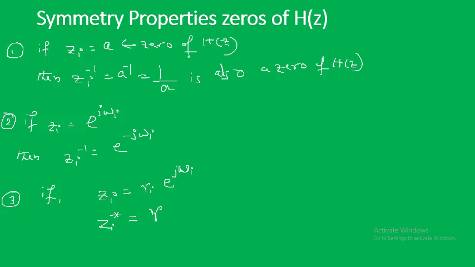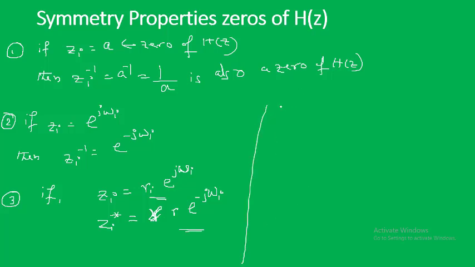If it is a conjugate, then the sign of j will change. So if this is a zero, then this conjugate is also a zero.